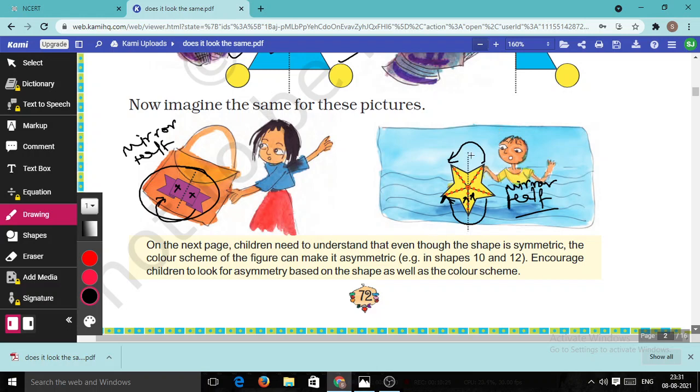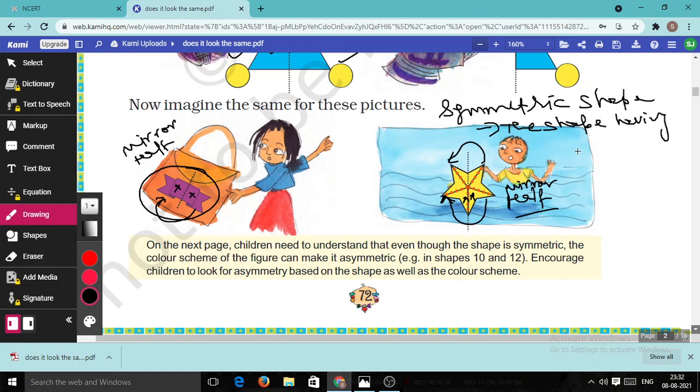Symmetric shape means the shape having size equal.